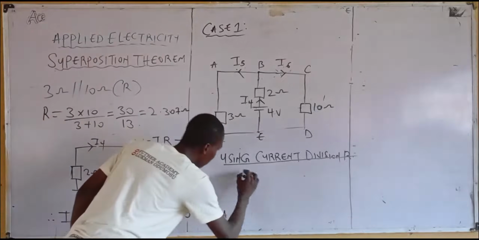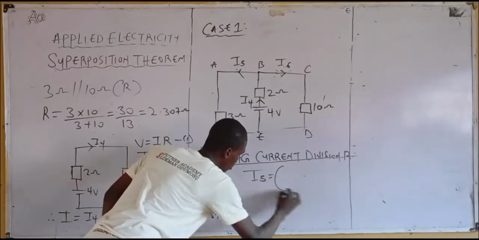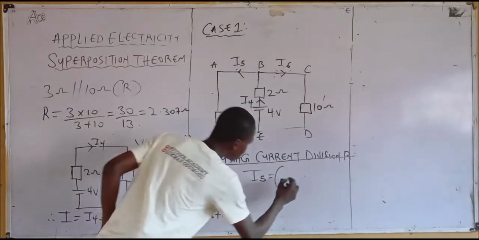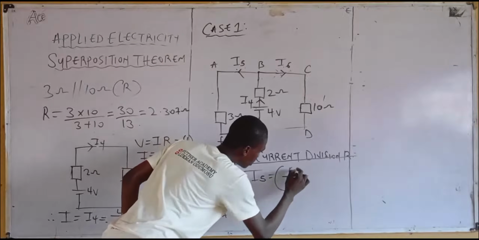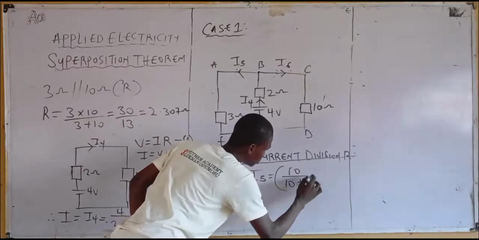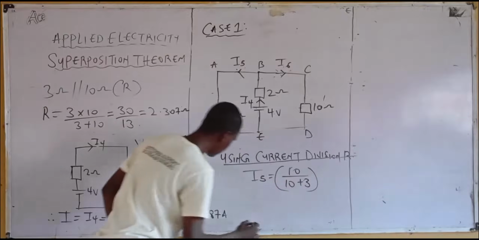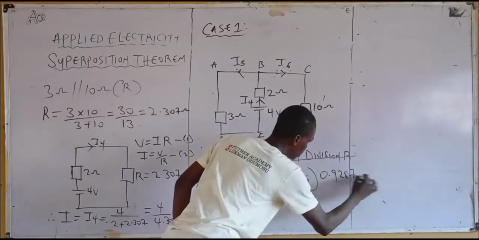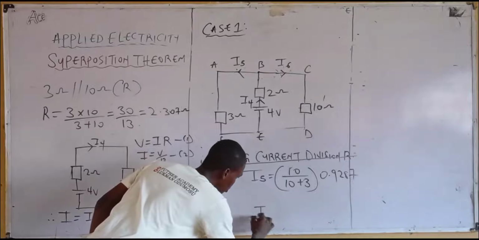So I5 will be what? That will be 10 over 10 plus 3 multiplied by 0.9287. Then I6 will be what?